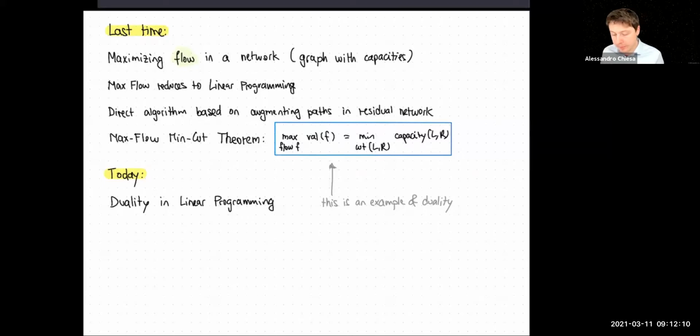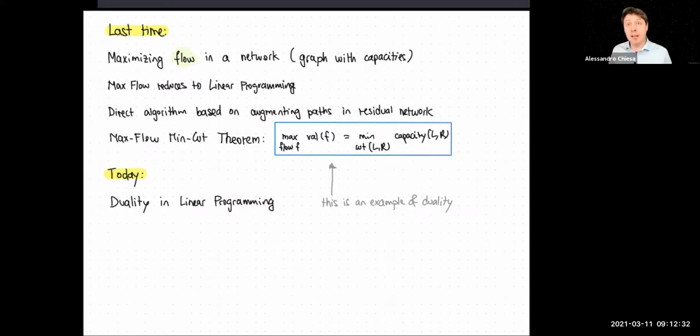Okay, so today we're going to talk about something I only briefly mentioned last time, which is the notion of duality in linear programming. The max flow min cut theorem is an example of duality in a very particular case, the setting of max flows and min cuts.